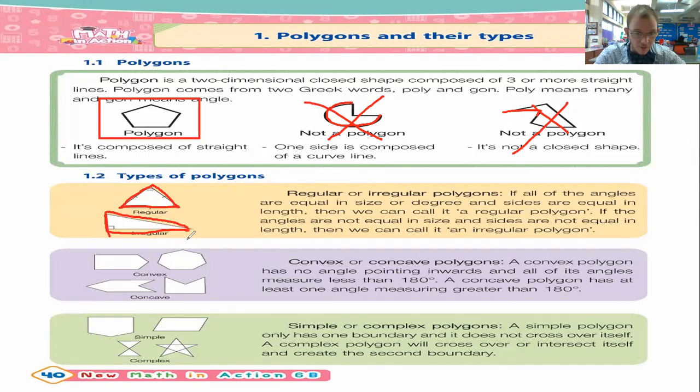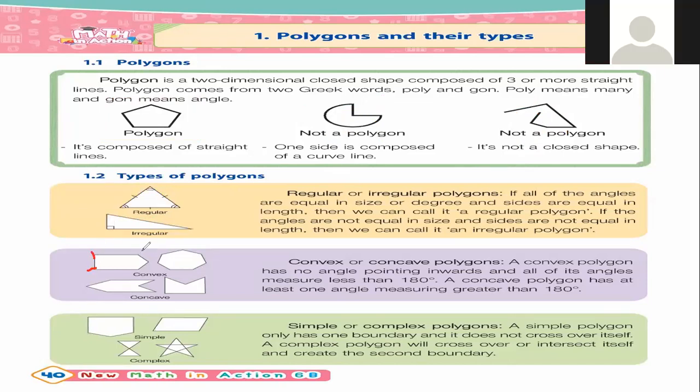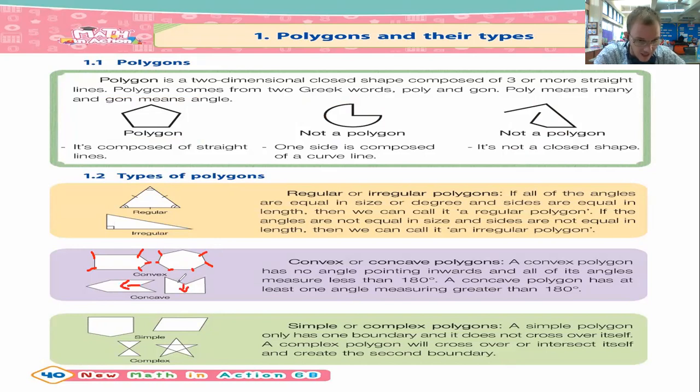For the convex, we can see all the angles are pointing towards the outside. Concave means it's falling in. Here we can see one angle pointing inside. If you have to calculate these angles, they will be more than 180. It looks like a sad face here.